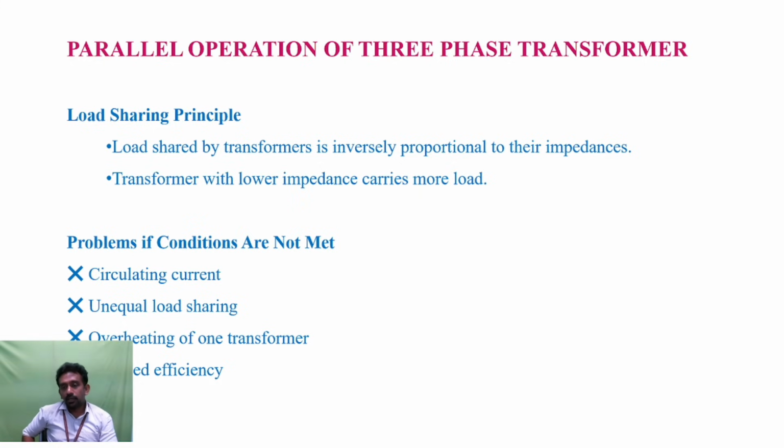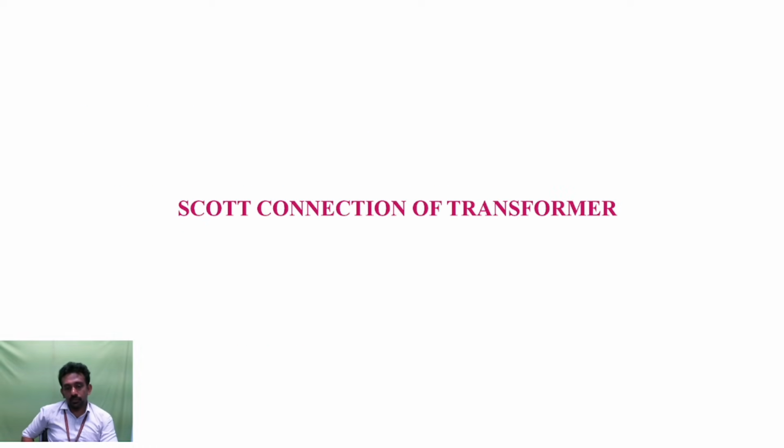The circulating current between transformer 1 and transformer 2 makes the transformers overheat, and there is another problem of unequal load sharing, so that a greater burden is carried by the lower impedance transformer, and overheating of one transformer reduces the efficiency.